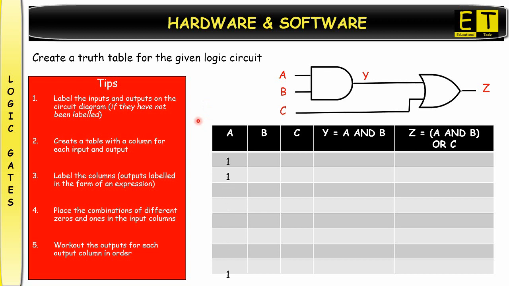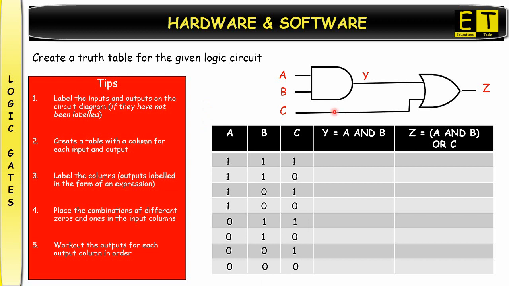So we'll start off with 1, 1, 1, 1, 0, 0, 0, 0, 1, 1, 0, 0, 1, 1, 0, 0, 1, 0, 1, 0, 1, 0, 1, 0.